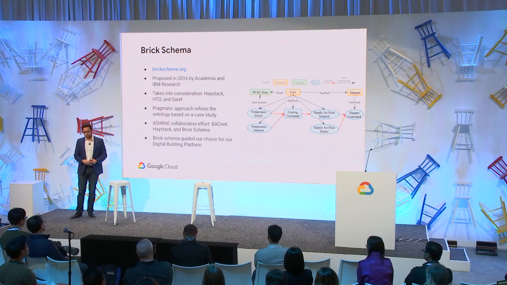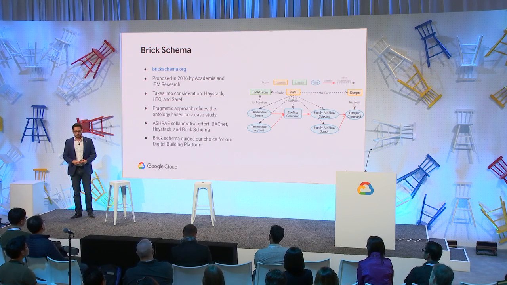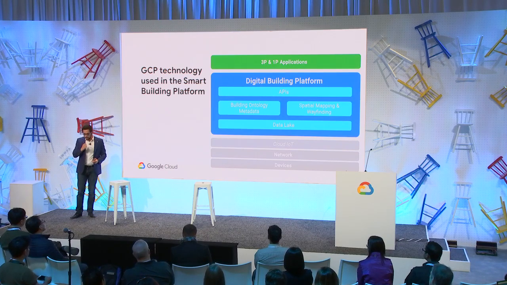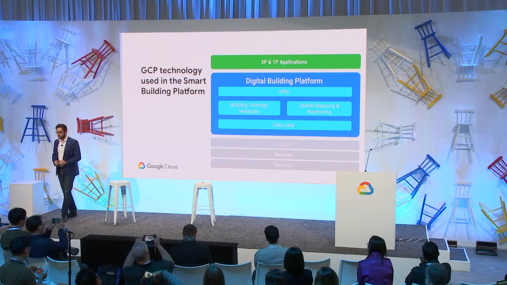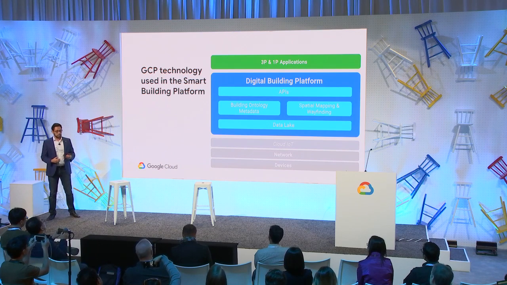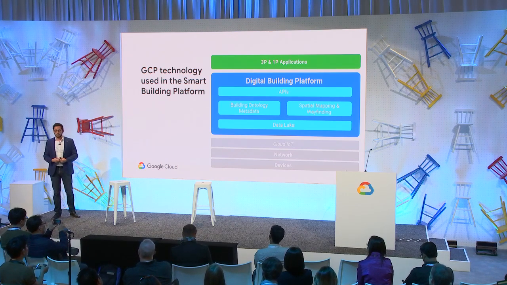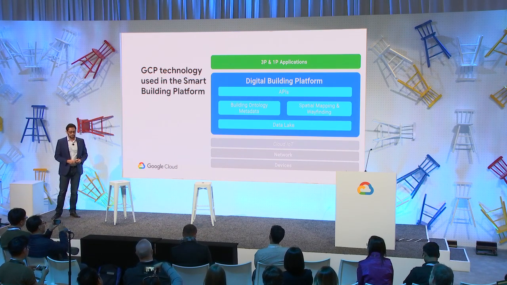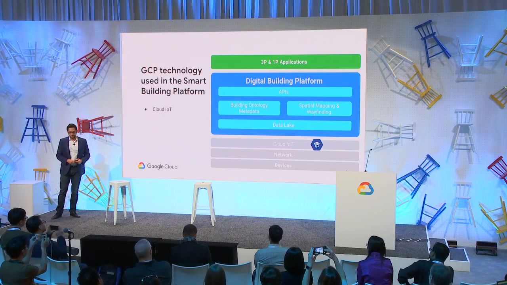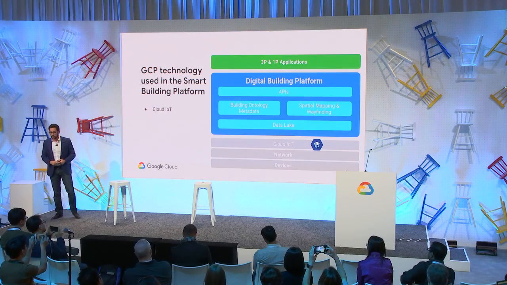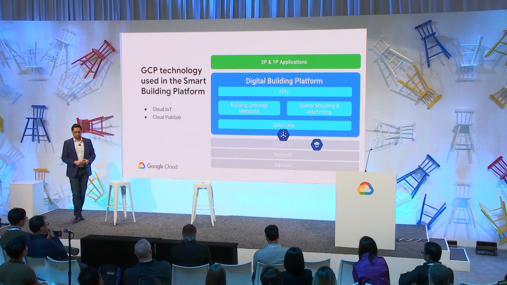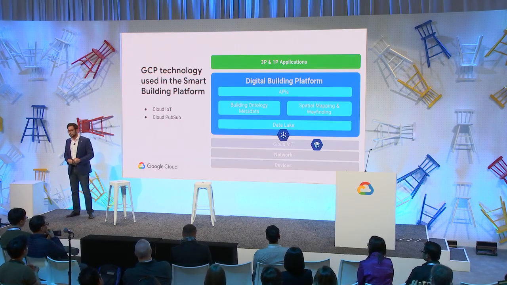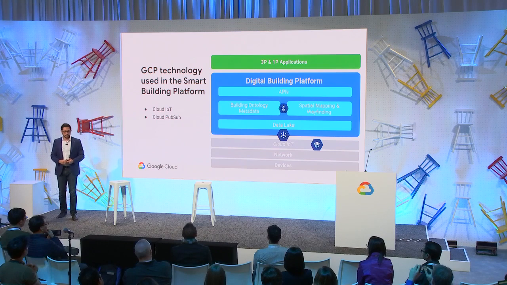So now that I talked about how we represent information, I would like to talk about what are the bricks that we reuse from GCP to build this platform. So we have Cloud IoT to connect the devices to the cloud. We have Pub/Sub, which is a publish-subscribe mechanism.